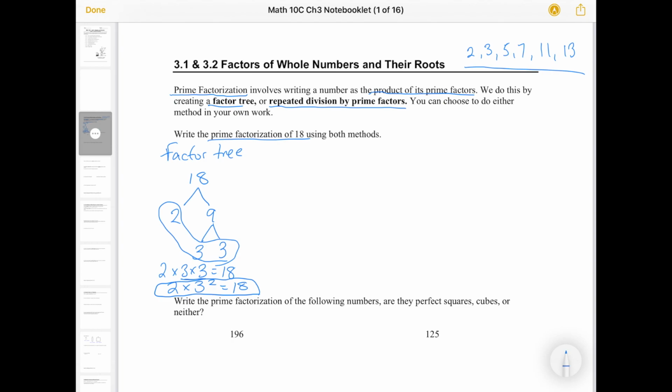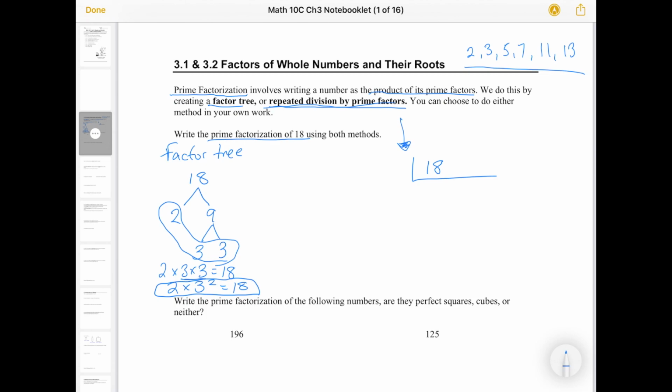But let me show you the repeated division. So for this one, it sets up kind of different. I have 18 still at the top, and then I have kind of like an upside down division sign there. And along this bit here, I'm going to divide by prime numbers. Now I can only divide here by prime numbers.